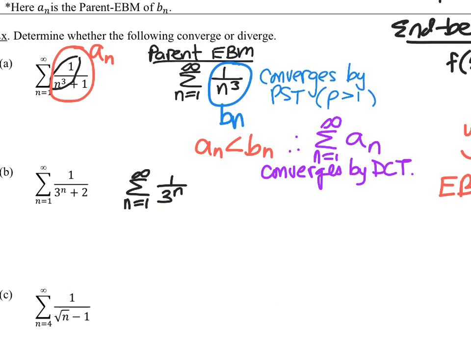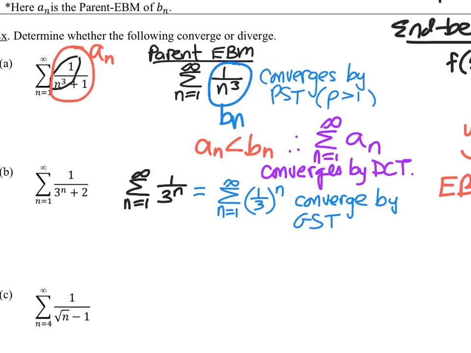But at first glance, you're like, well, I don't see it, until you clean it up algebraically and write this as 1 over 3 to the nth power. You can put the coefficient in front if you want, but this is going to converge by the geometric series test, the GST.